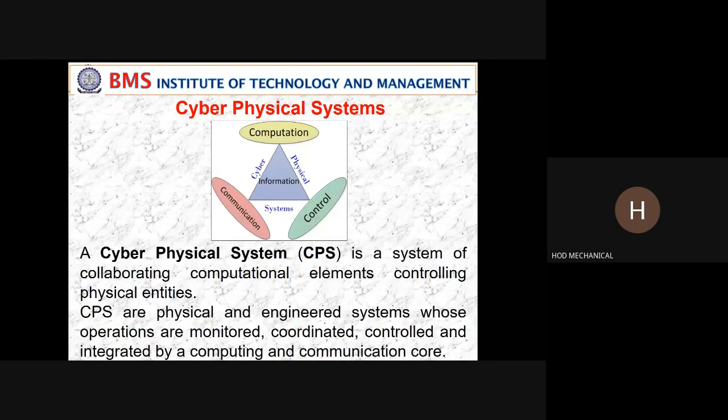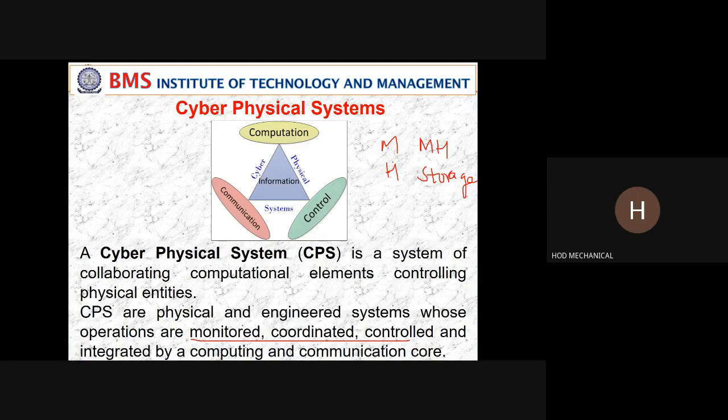Cyber physical systems are physical and engineered systems whose operations are monitored, coordinated, controlled, and integrated. The physical systems may be machines, human beings, material handling equipment, or storage devices. Now these physical systems are the engineered systems.